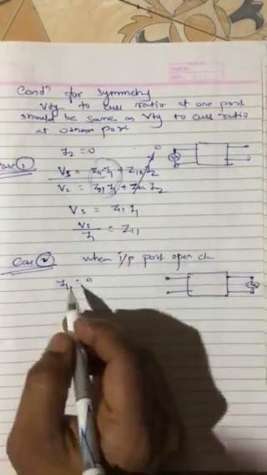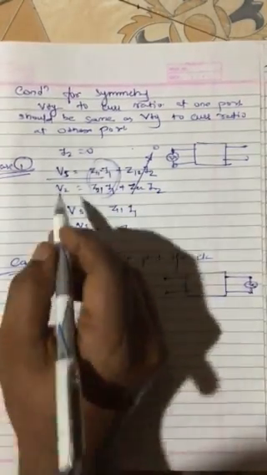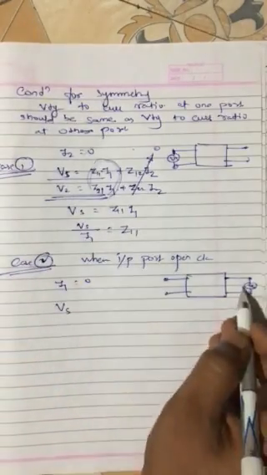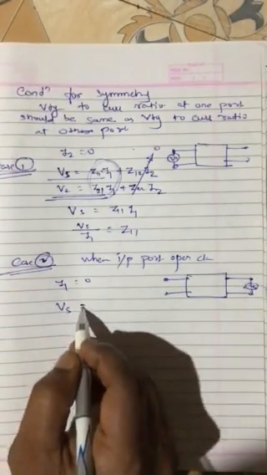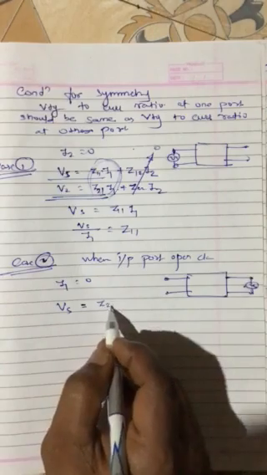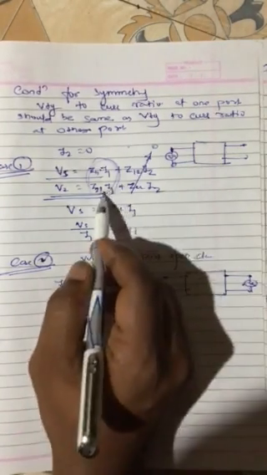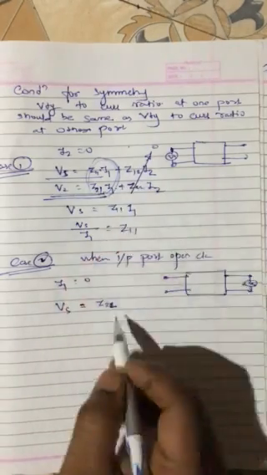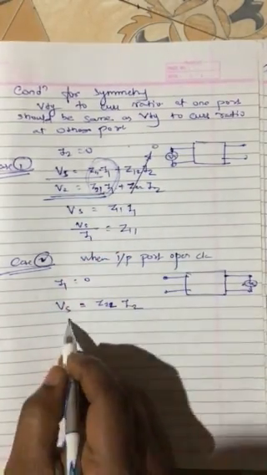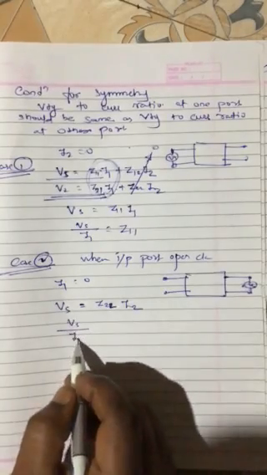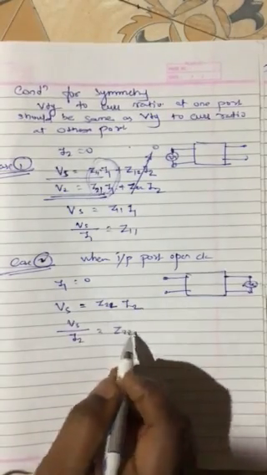So I can say that, since I am dealing with the second equation, instead of V2 it is now Vs. So Vs equals Z21 I1 plus Z22 I2, and the first term becomes 0 because I1 is 0, leaving Z22 I2. So Vs upon I2 equals Z22.